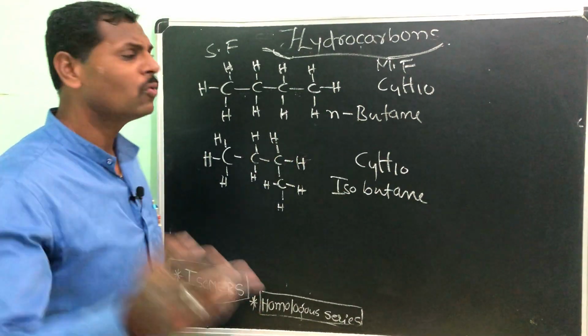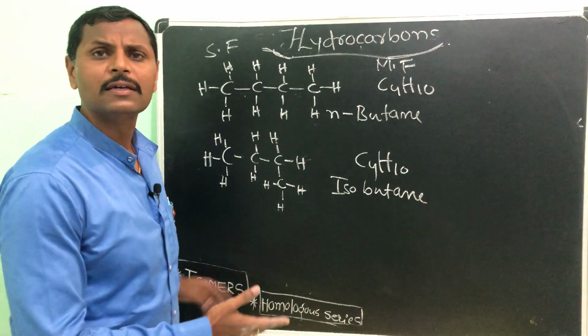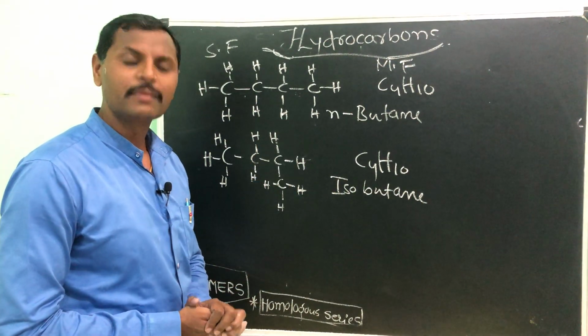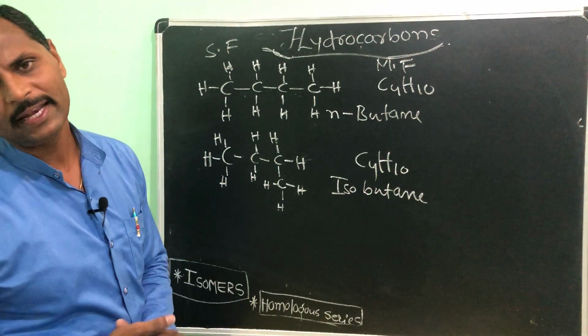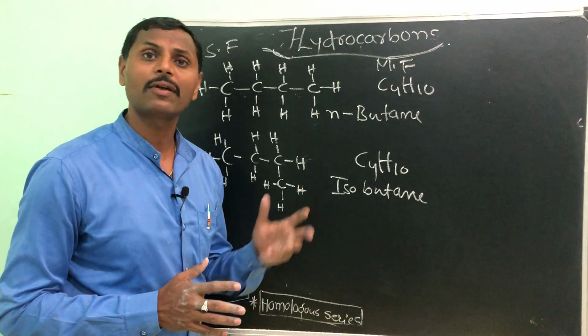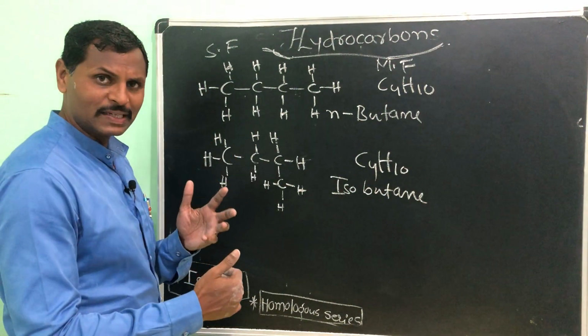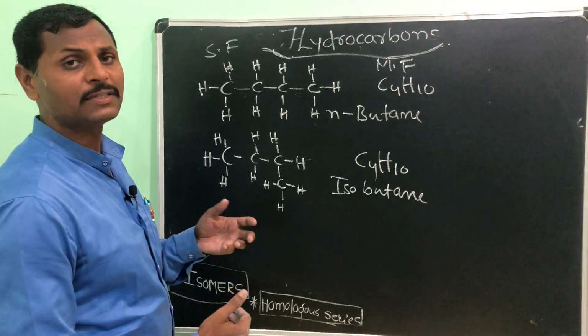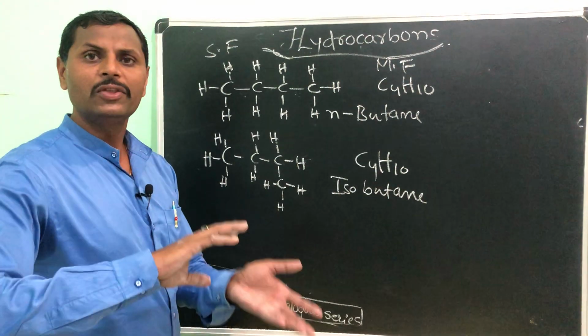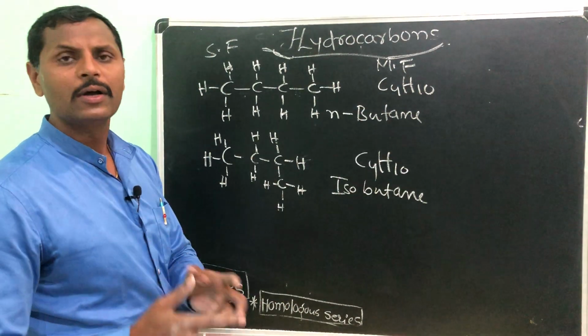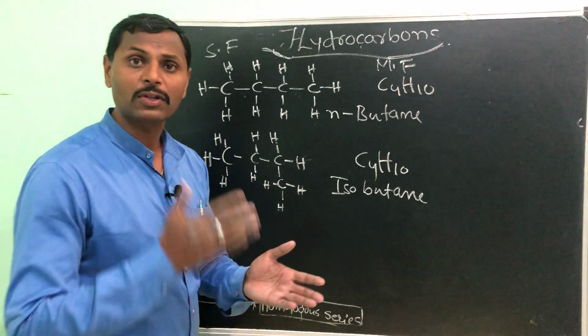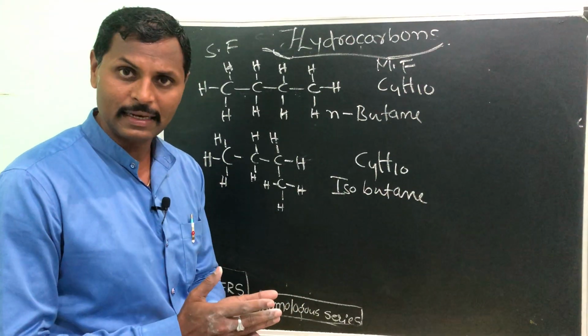How many? 2 only. One is normal, another one is isobutane. Like that, from butane onwards, you will have the isomers for pentane, hexane.